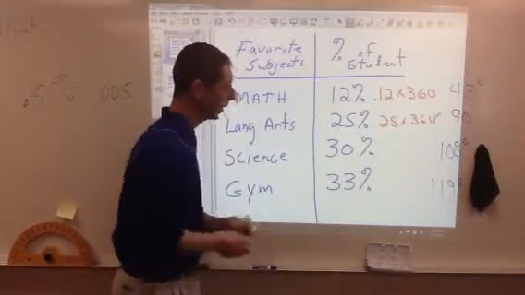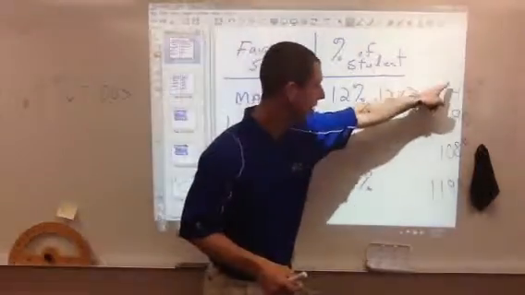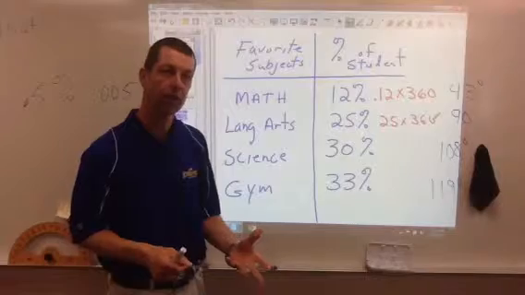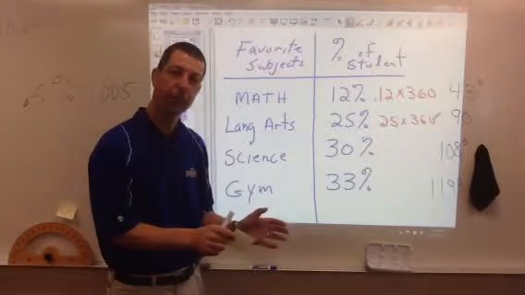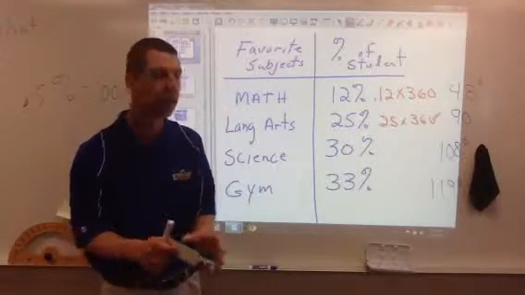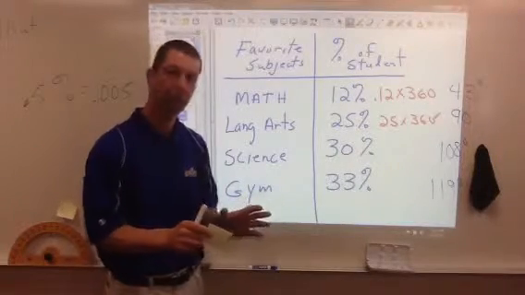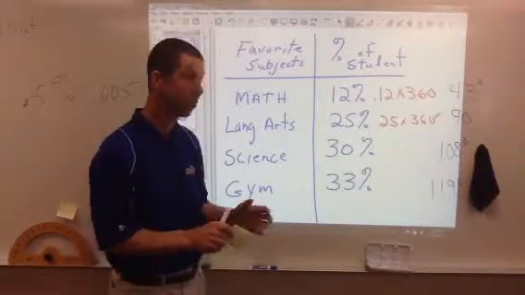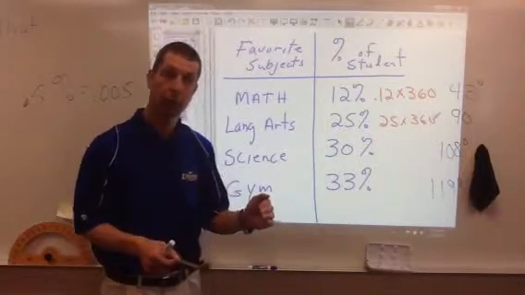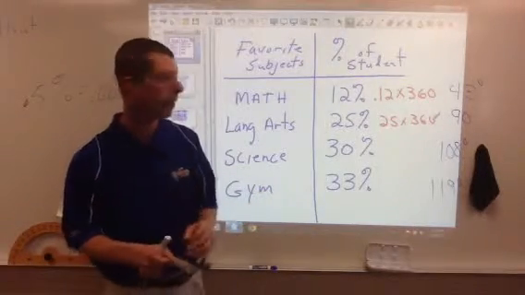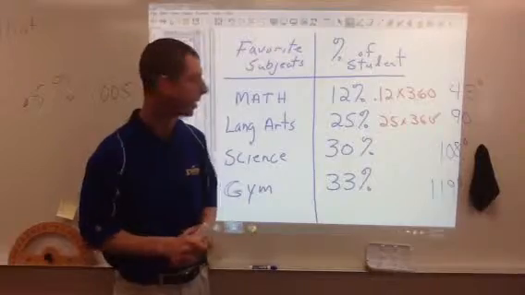Now, the other thing that you want to do is make sure that these add up to roughly 360. You might get 359 or 361. That's okay. Go ahead and make your circle graph if you're within a degree of 360. Because of the rounding, you could be a little bit under 360, or maybe 1 over 360.